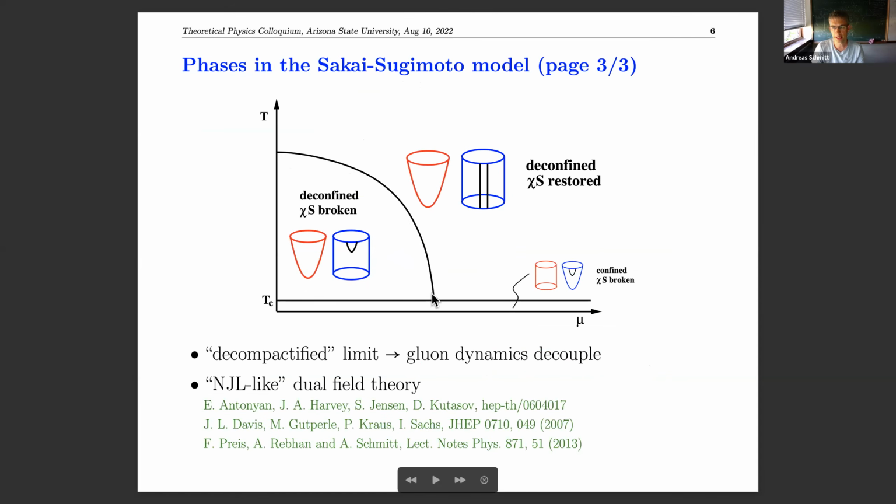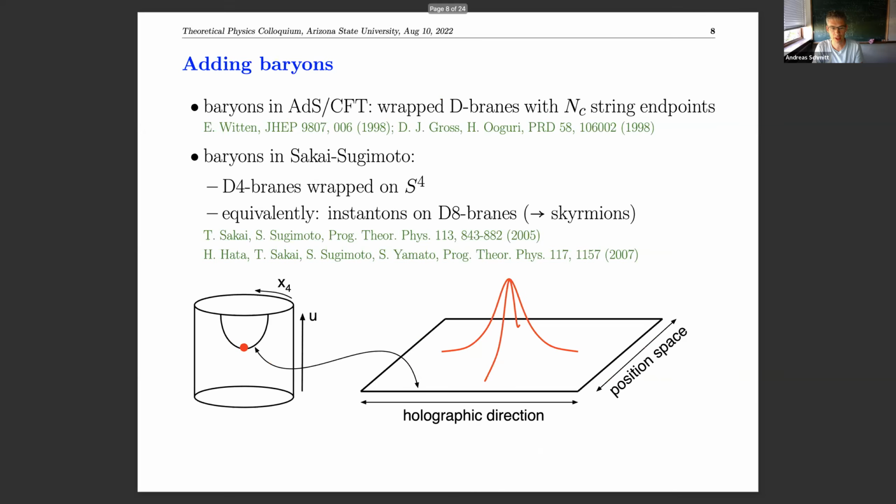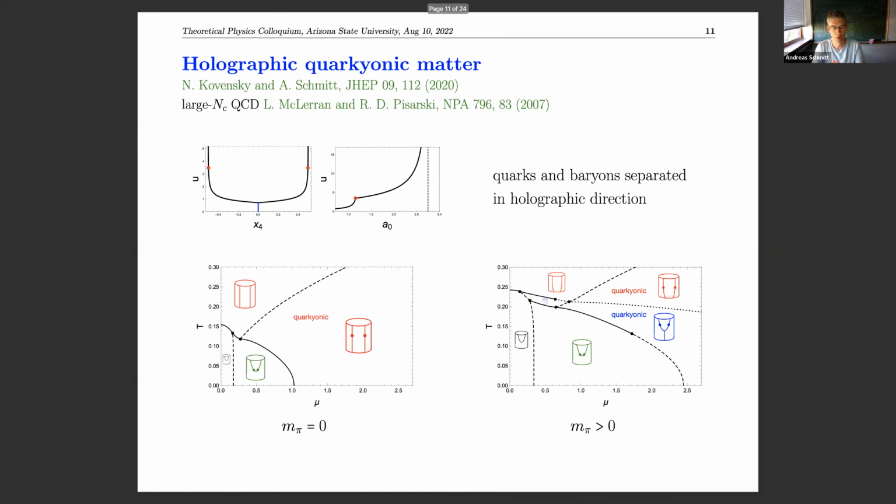So looking at the model in this limit, which we do here, creates this phase diagram, which is different from large N_c. So the philosophy is, in holography, going away from the large N_c limit, strictly speaking, is very hard. So what we do is this trick where we get some features of large N_c and use this, if you wish, as a phenomenological model for hopefully finite N_c QCD. That's the philosophy here, right? If we were strictly at large N_c or infinite N_c, there would not be such transition lines here anyway.